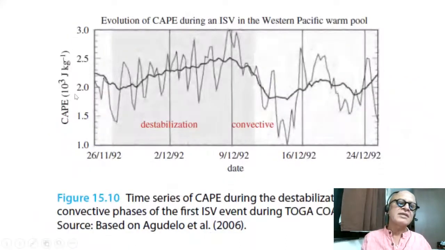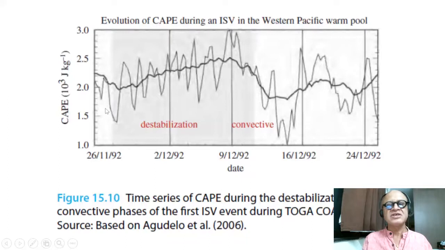So looking at CAPE, the convectively available potential energy in terms of joules per kilogram, you can see the time series of the first ISV event during the TOGA COARE that was observed during the intense observing period, with lots of ships and aircraft and lots of people excited about it.